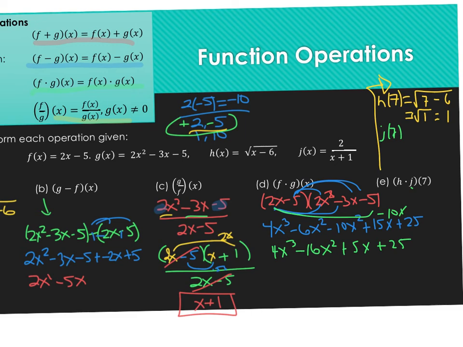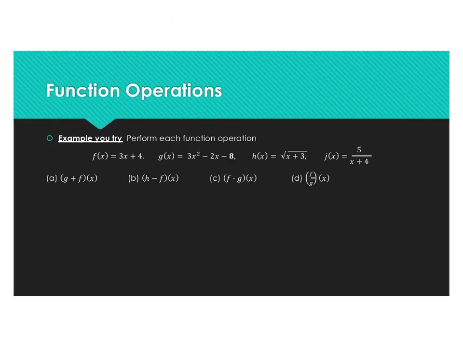So j of 7 would be 2 over 7 plus 1, which is 2 over 8, which reduces to 1/4. And then notice the operation in between is product. So we'll take these two numbers and multiply them together. So 1 times 1/4 is just 1/4. That's it. I want you to take a few minutes and try these example U-tries.